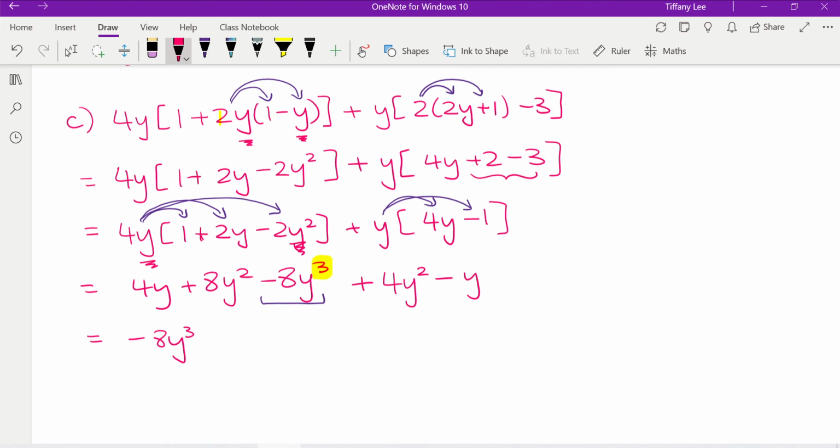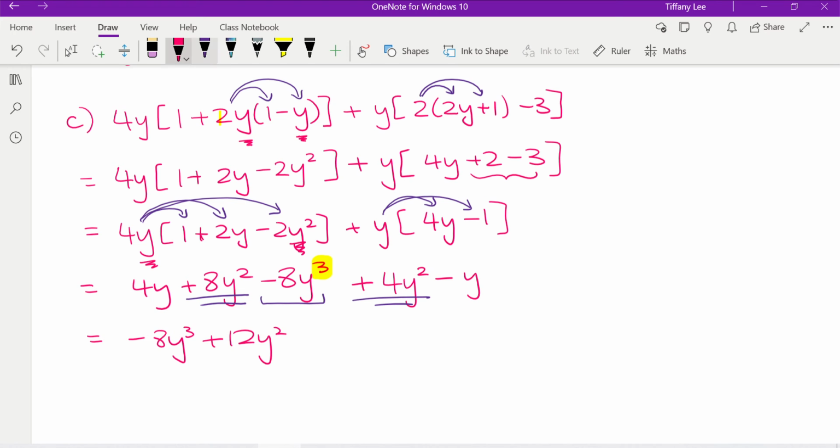Let's go with our second highest exponent, which is to the power of 2. I see I have positive 8y squared and positive 4y squared. All right, so that's going to be, add 8 plus 4, that's positive 12y squared.